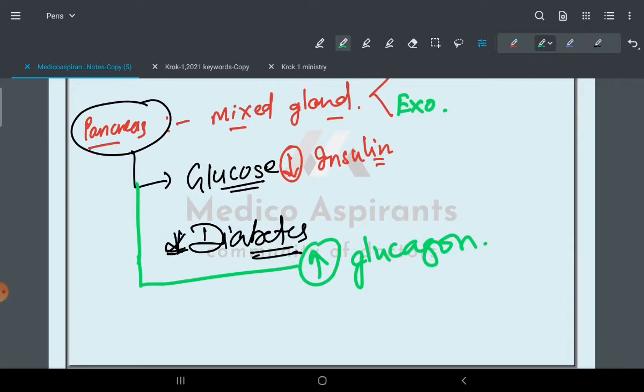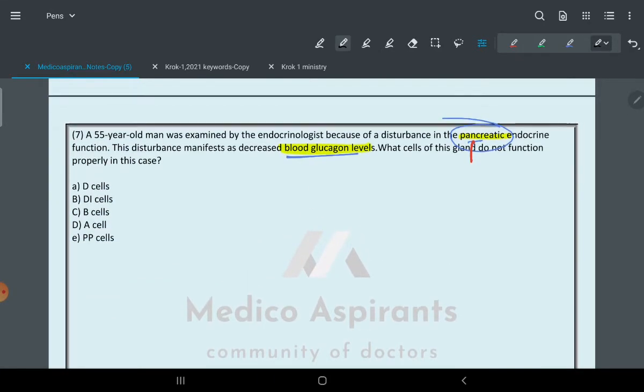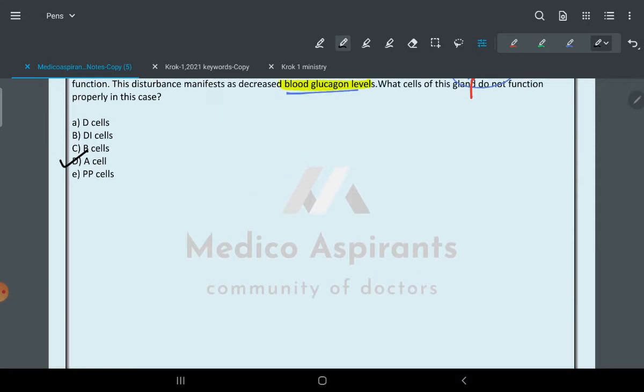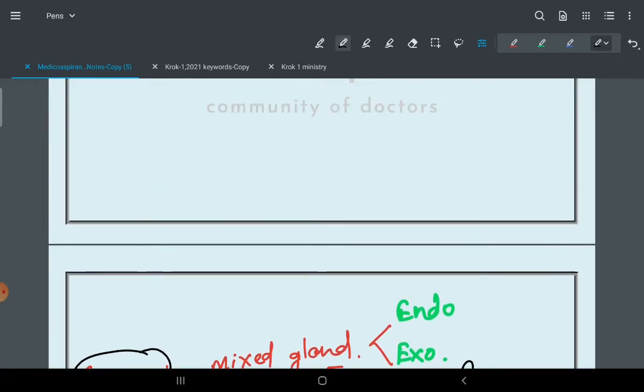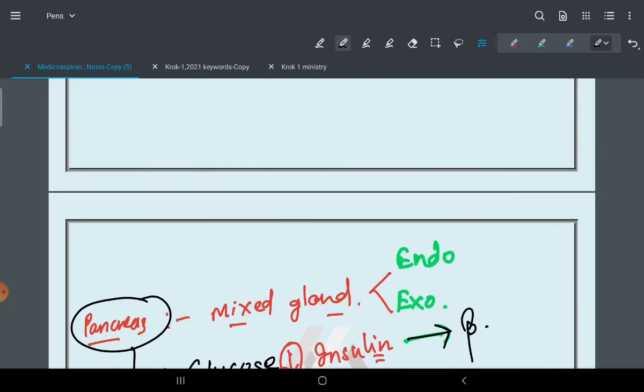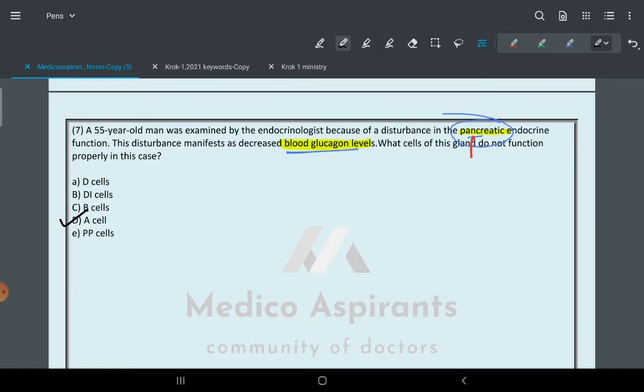Now insulin and glucagon are secreted by different kinds of cells and they have different names: insulin from beta cells, glucagon from alpha cells. By this you will be able to solve this question; the answer is alpha cell. But what I mean to tell you here is how to actually crack this question.